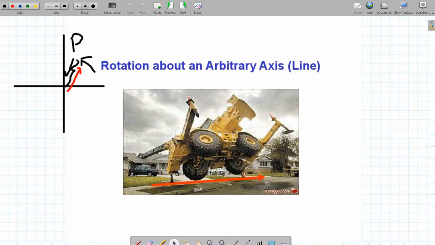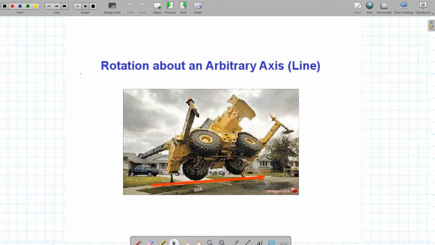Now in 3 dimensions, what happens? You know from our study of rotation in 3D that rotation can take place with respect to primary axis, which are essentially lines. So in 3D, rotation can take place with respect to some arbitrary line.